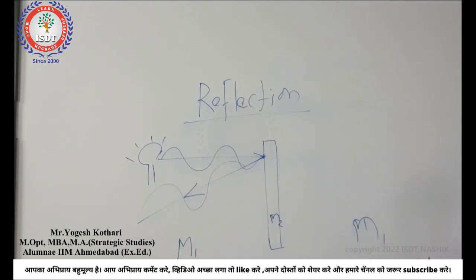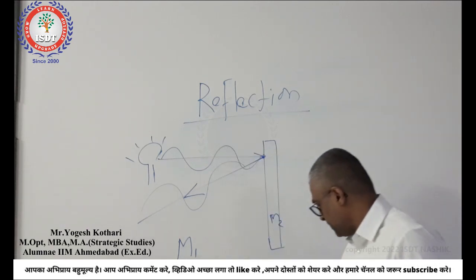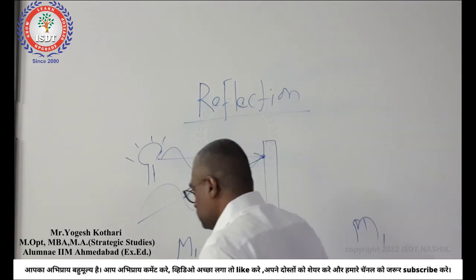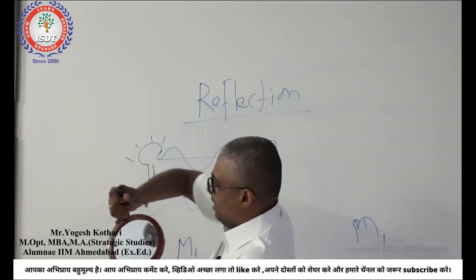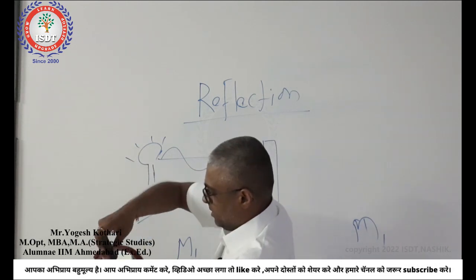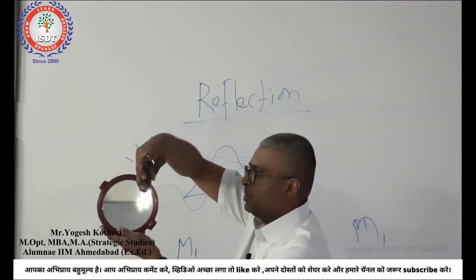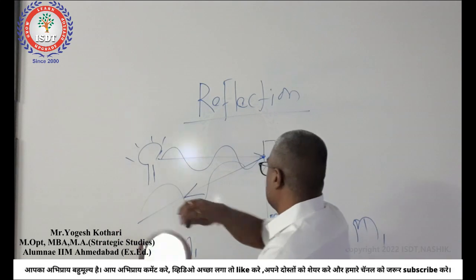This is again one of the most important properties. Now the most common example is this mirror. When you throw a light on this mirror, what happens? It just gives you a reflection, right? You can see that light again. It doesn't pass through to this board.